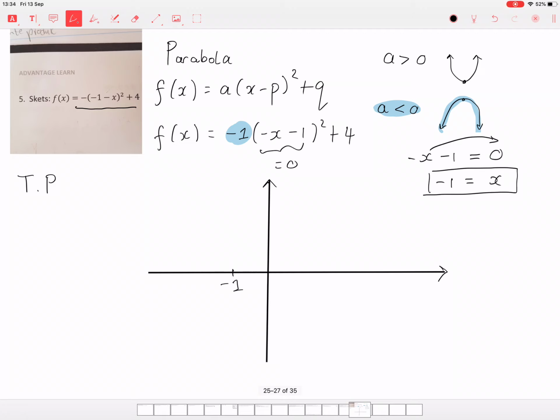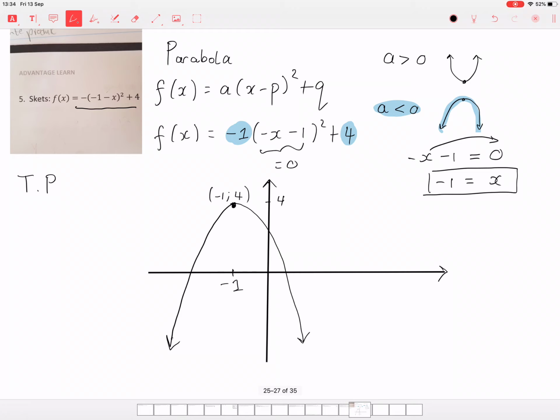And what is the y value of my turning point? It is the q value, which is that value there, positive 4. So that is my turning point. And there is my sketch of my function. And the turning point, label it negative 1, 4.